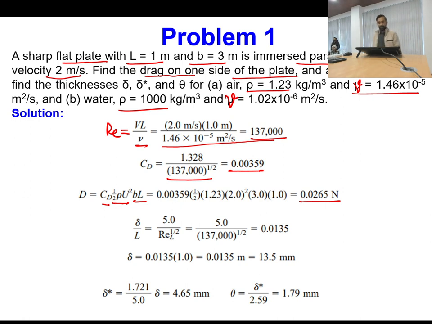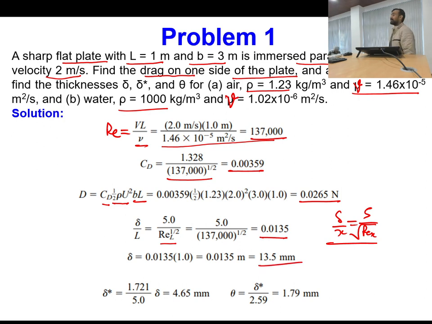Then the second question is to determine the boundary layer thickness. For laminar flow, we know that delta by x equals 5 by square root of Re_x. We need the thickness at the trailing edge, so x will be equal to L. That's why delta by L will be 5 by square root of Reynolds number, which is 0.0135.